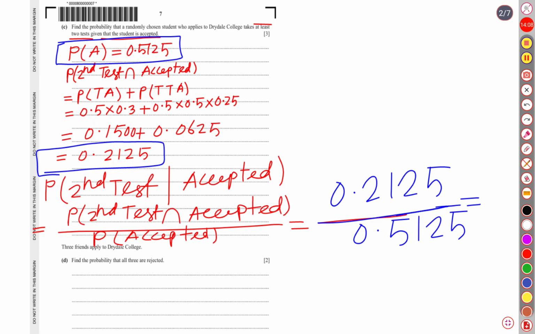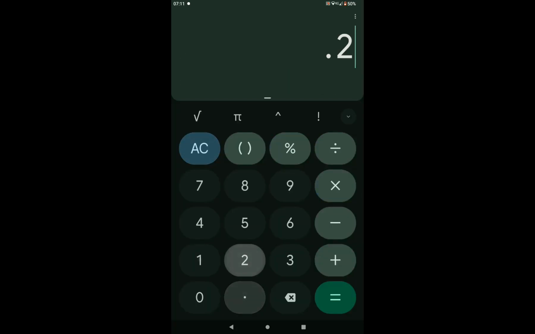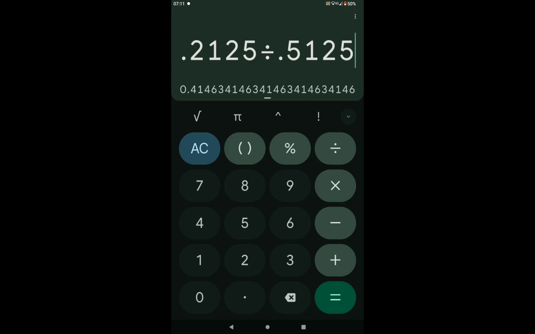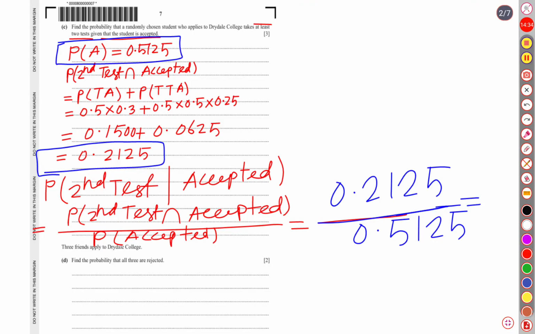We can use our calculator: 0.2125 over 0.5125 equals 0.4146. If we round it to three significant figures, it is going to be 0.415. I think you got my point on how to solve this.